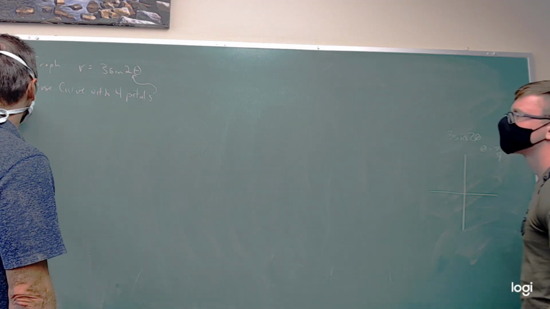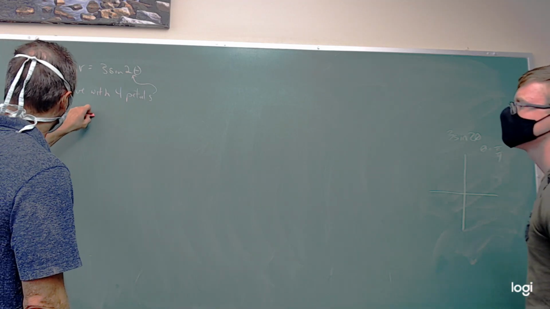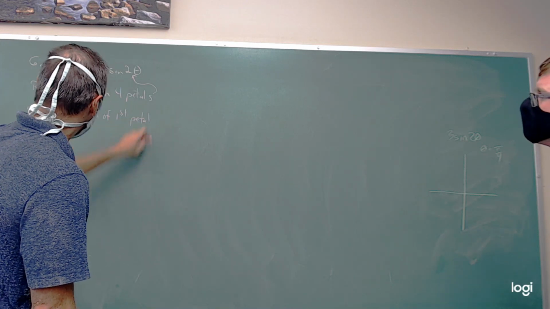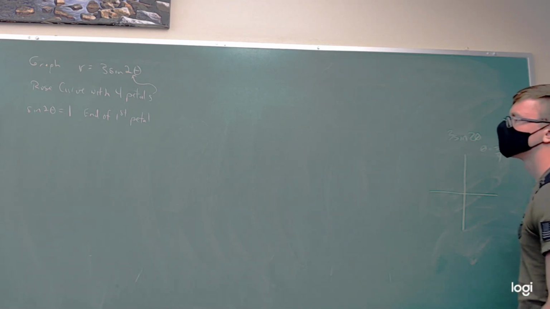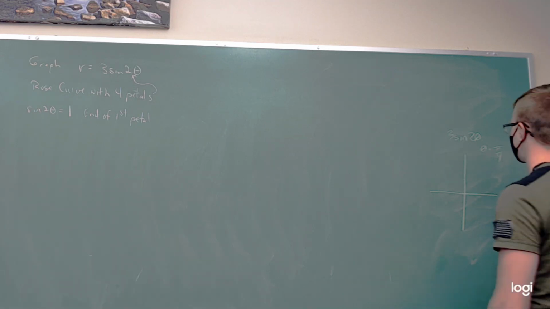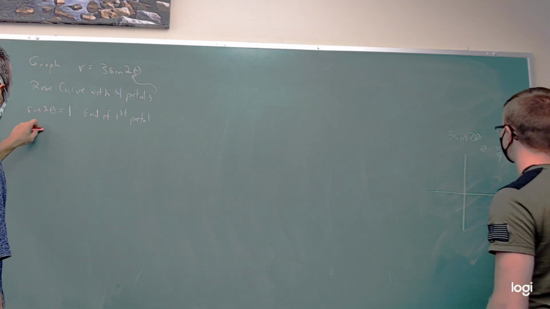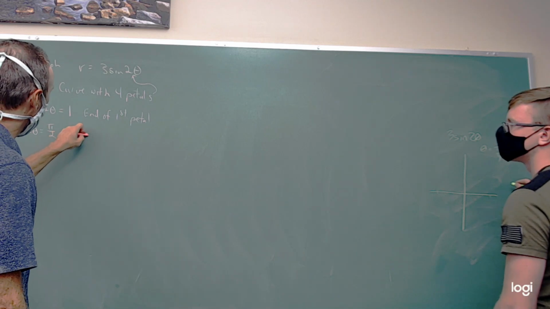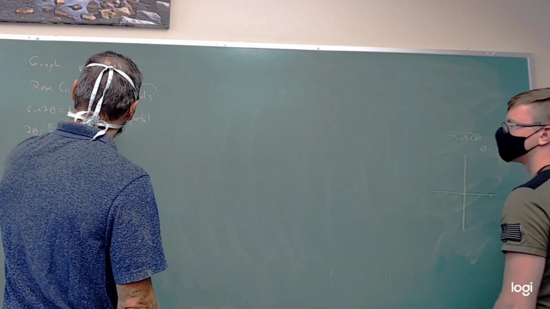We want to know where the end of the first petal will be: when sine 2 theta is first equal to 1, which is the largest that a sine can ever be. So sine of pi over 2 equals 1, which means 2 theta is pi over 2, which means theta is going to be pi over 4, the end of the first petal.